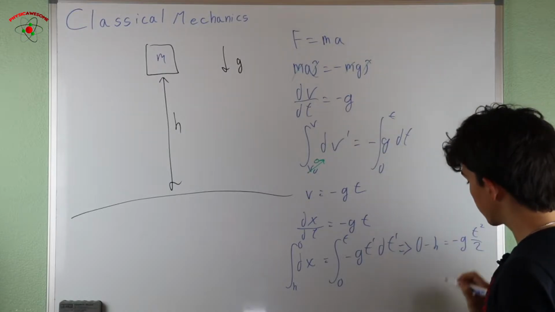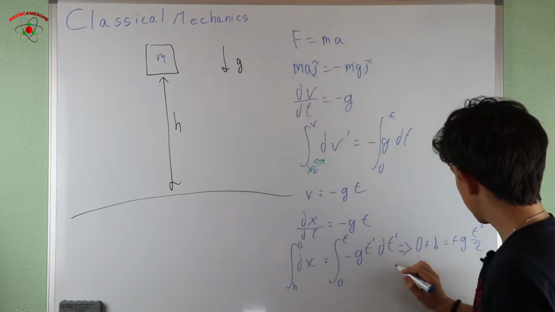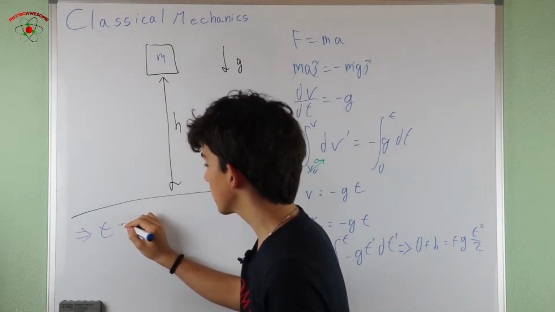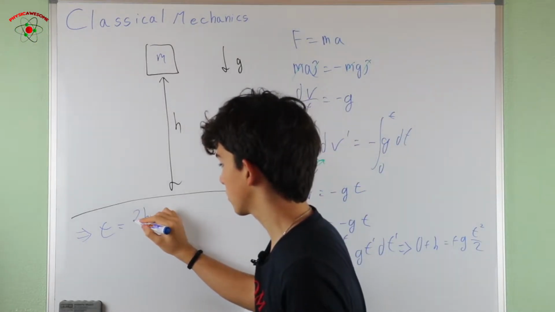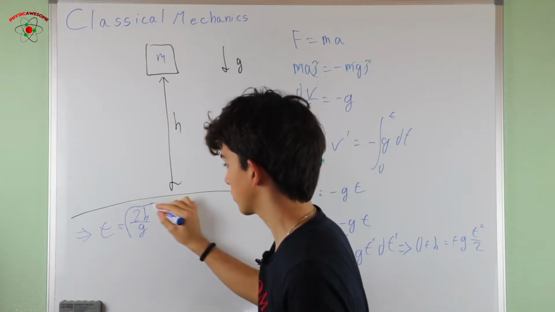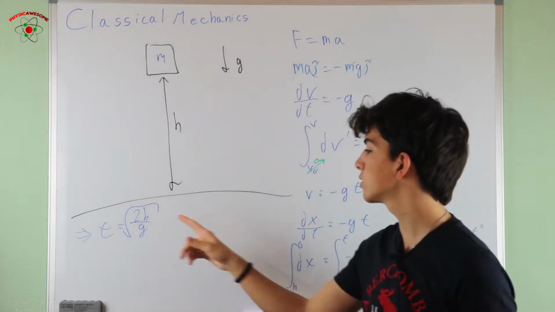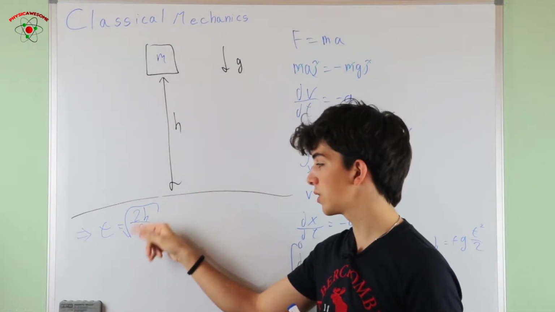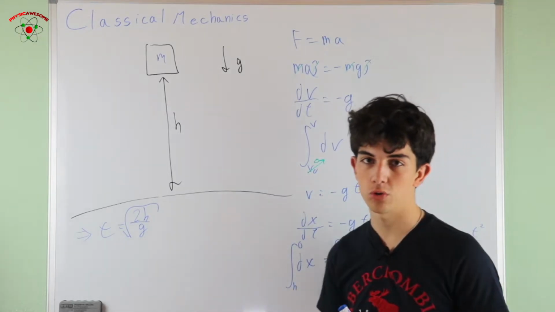By solving for t, with these negative signs that cancel, we get that t equals the square root of 2h over g. We can easily check that this has the appropriate units, as this is meters and this is meters over second squared. So the meters cancel and we get seconds under the square root.